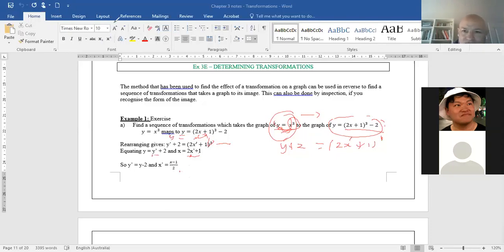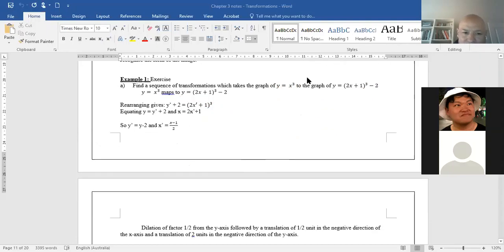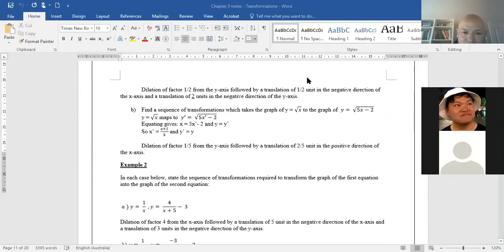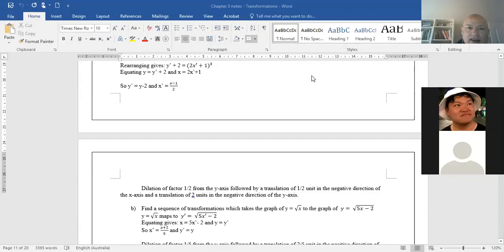So now we can see that. I'm just going to clear this. So we can see if I do it like this, and I'm going to add a little bit in here for those of you, my x comma y has become my x minus 1 divided by 2 and my y minus 2. Be careful with this x minus 1 divided by 2.